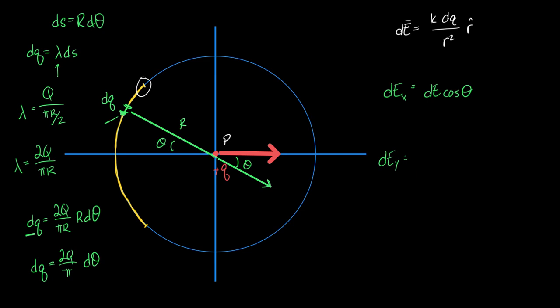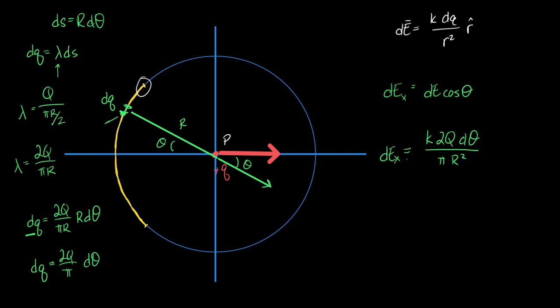I don't have to worry about an expression for r here because every piece of charge is the same distance away. And so they're all going to be capital R based on the variable in the problem. So let's build my integral. dE in the x direction equals, and let's try not to screw this up too much, k dq, which is 2q dq, all divided by, looks like pi r squared.